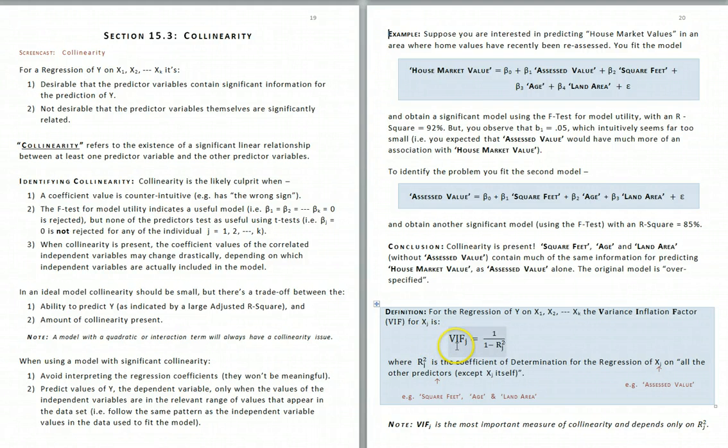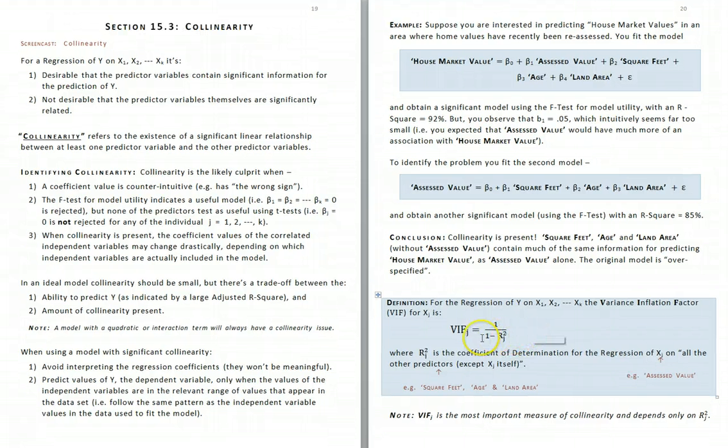We define the variance inflation factor associated with that xj as 1 divided by 1 minus rj squared, where rj squared is the coefficient of determination for a second regression model with xj as the dependent variable and all of the other original independent variables other than xj used as the predictor variables in the second model.